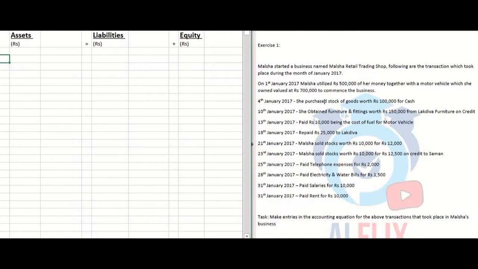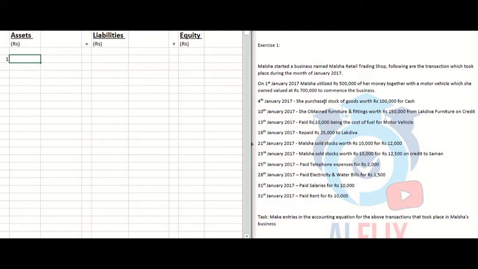So, moving into our example, the first transaction is 1st January 2017, where Malsha utilized Rs 500,000 of her money together with a motor vehicle she owned valued at Rs 700,000 to commence the business.